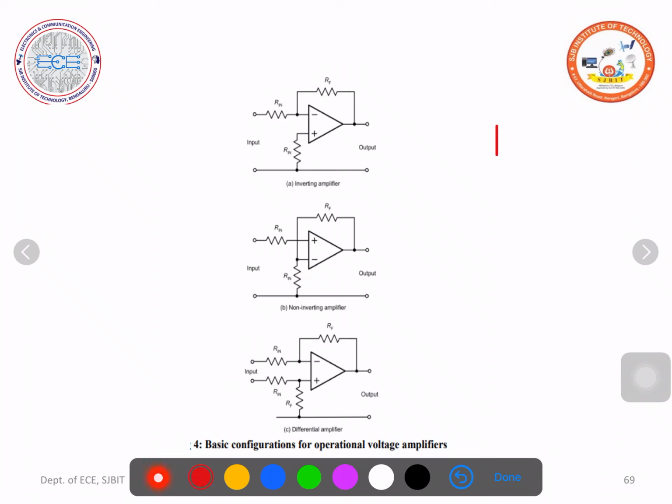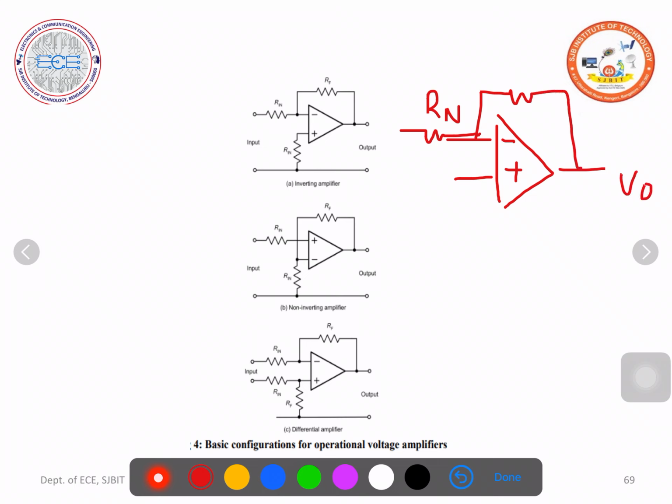If this circuit is confusing for you, you can write the circuit similar to the inverting amplifier. Usually we write the operational amplifier symbol like this, always inverting terminal at the top, non-inverting terminal at the bottom. Earlier there was a resistor Rn here and a feedback from the output. In the inverting amplifier, we applied the input here.